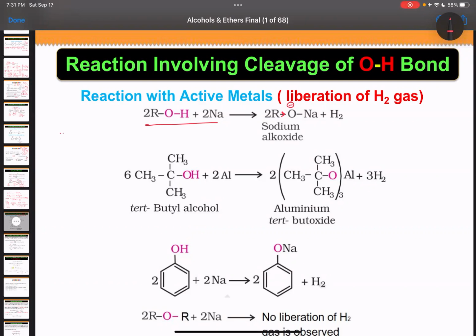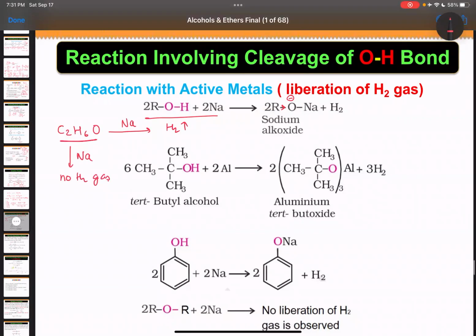So suppose if you have C2H6O, and if you put sodium and hydrogen gas is liberated, it is an alcohol, right? And if you put sodium and no H2 gas liberation is observed, means what? Means it will be which molecule?